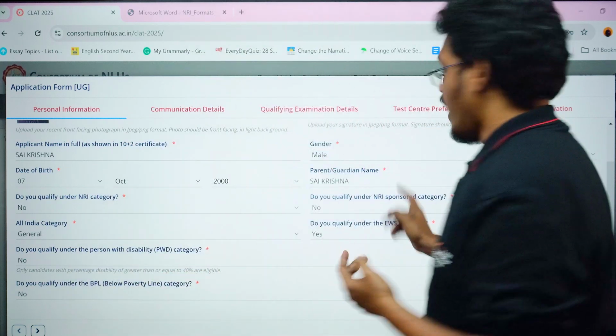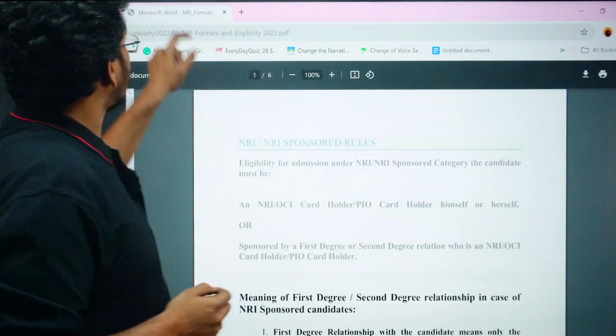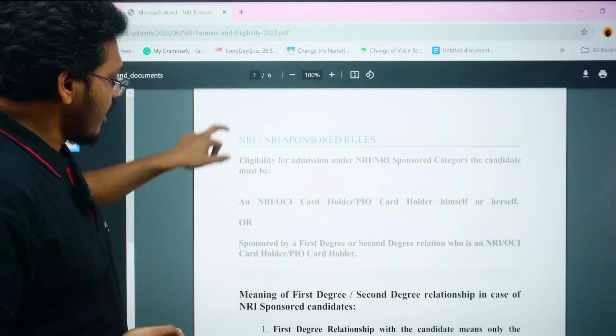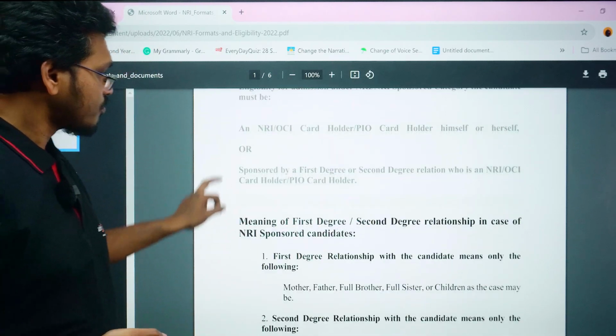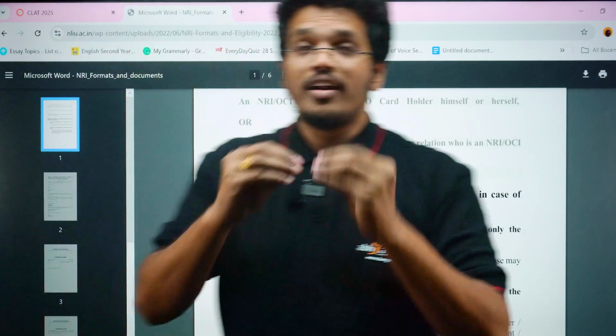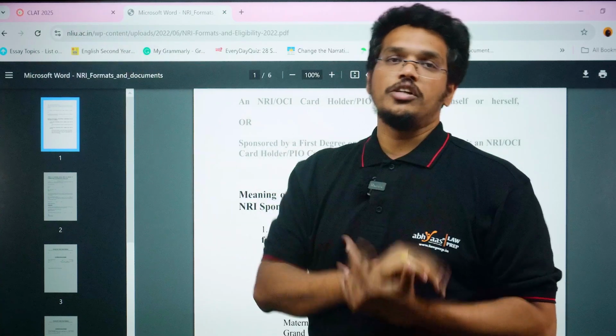And what is the NRI sponsored category? Both are different. As per the information provided by NLU Bhopal, this is the NRI sponsored category. You are living in India, but your relatives are staying abroad and they will fund your education.